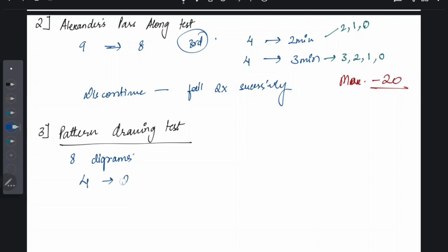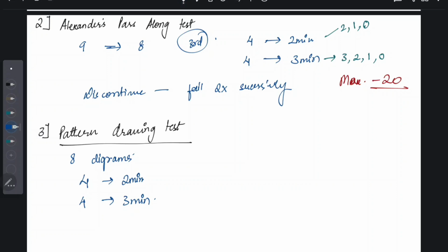First four designs, the time limit is 2 minutes, and for the next four the time limit is 3 minutes. The subject is given a paper and pencil, and you show them a figure on a card which they have to retrace.